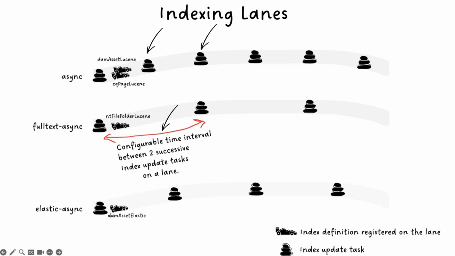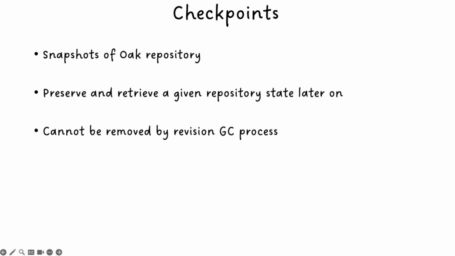Each configured lane will then run scheduled jobs for async index update as per its duration config. By default, we have async, fulltext-async, and elastic-async lanes configured in an out-of-the-box instance. But please do note, these are just names, and the fulltext-async lane can also have non-fulltext indexes as well, and vice versa.